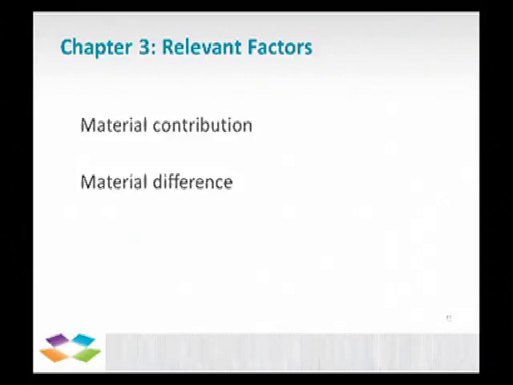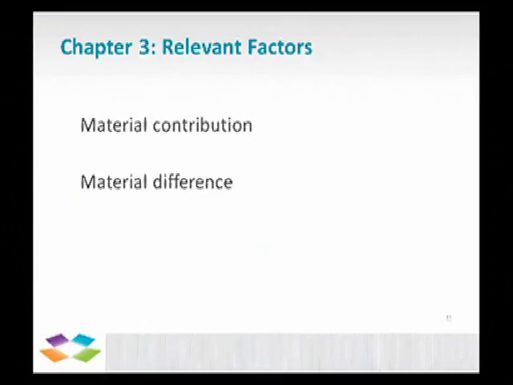Two requisite criteria define a relevant factor. First, a factor must make a material contribution to impacts on public health, environment, end of life, or materials and resource consumption. So it must make a material contribution.